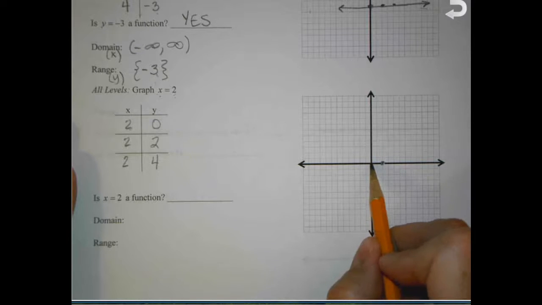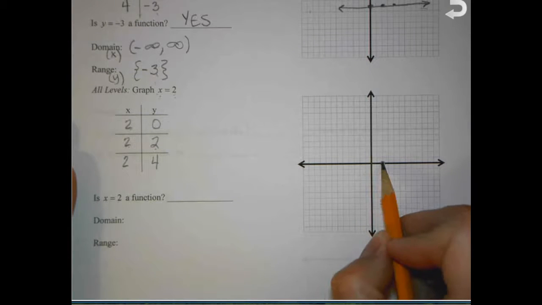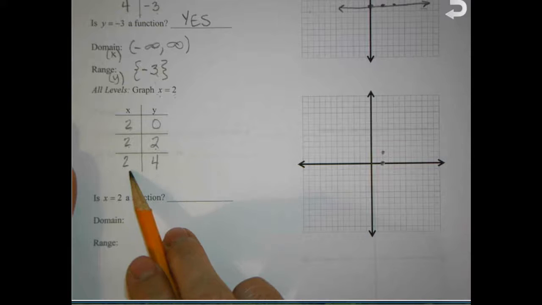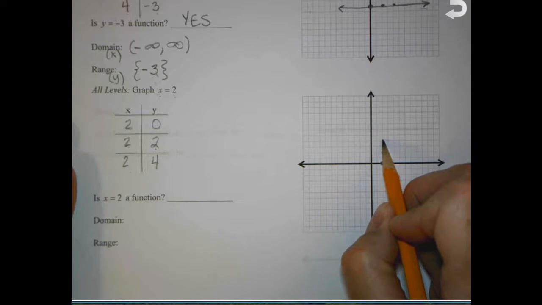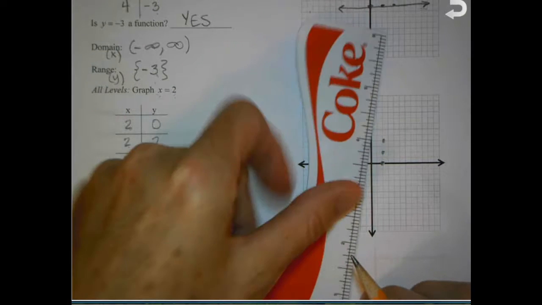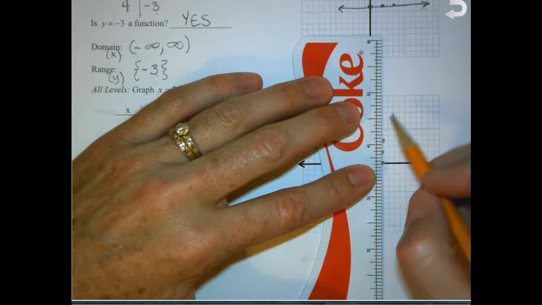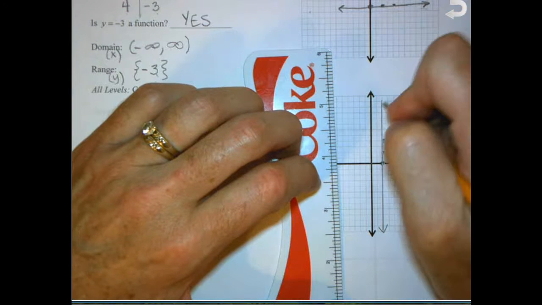And then for the next one, 2, 2. So I'll do 2 in the x direction, 2 in the y direction, and then 2, 4. So 2 in the x direction, 4 in the y direction. Now when I connect my points and make my line, I can see that I have a nice vertical line.